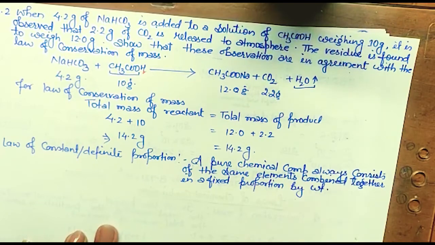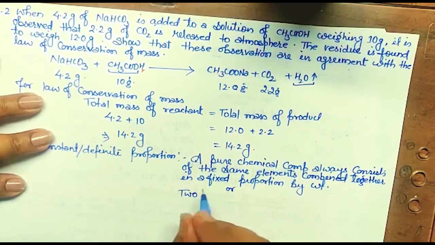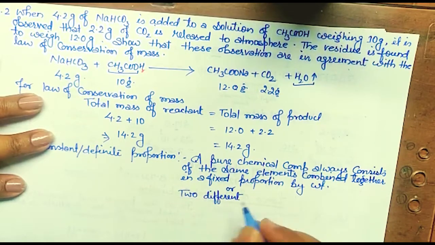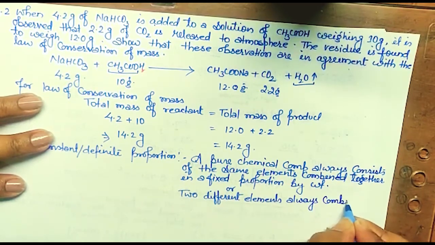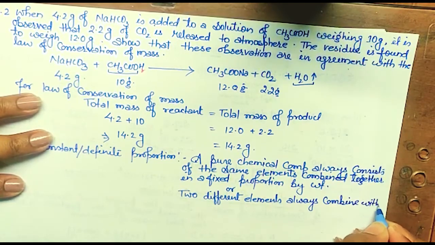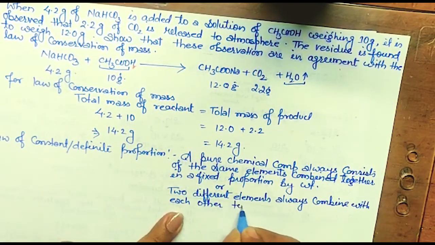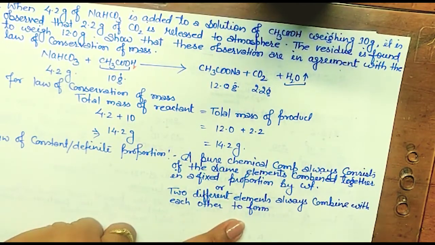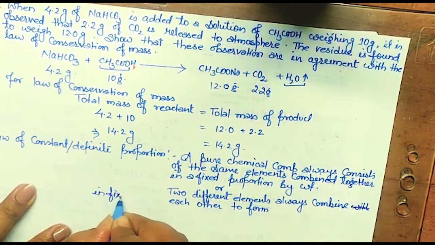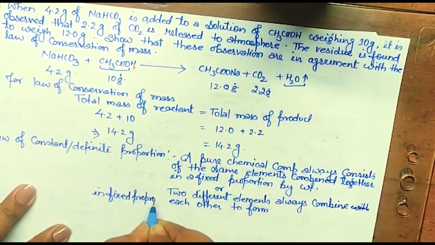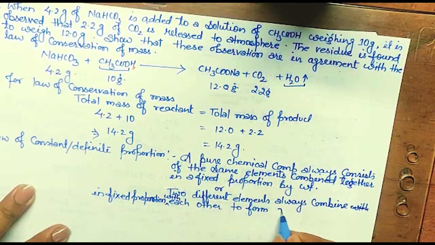Or in simple language you can say that two different elements always combine with each other to form a new compound, always combine in fixed proportion with each other to form a compound.